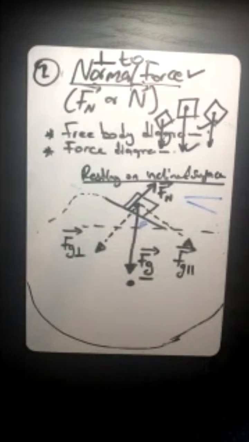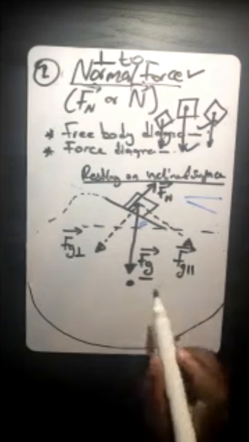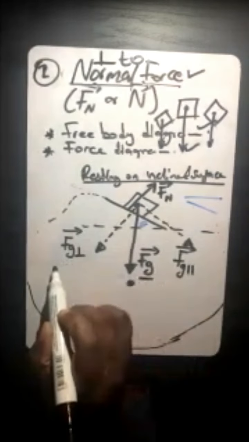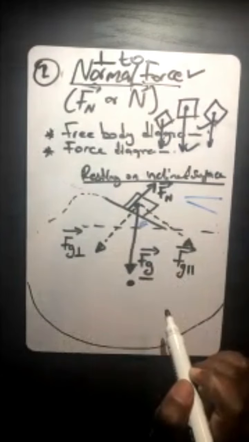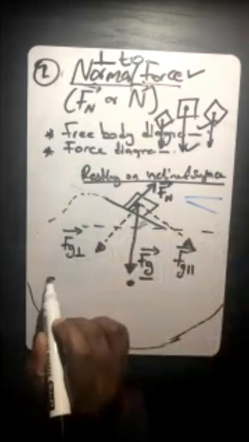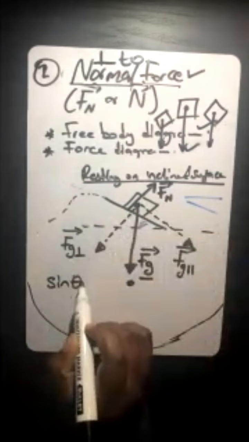So you remember from what we formulated, we said, using the trig ratios, the vertical component is the one with sine angle. I'm not sure if you remember, guys.